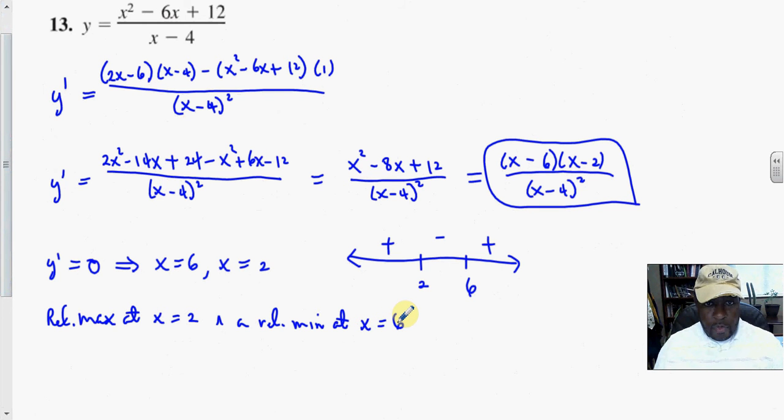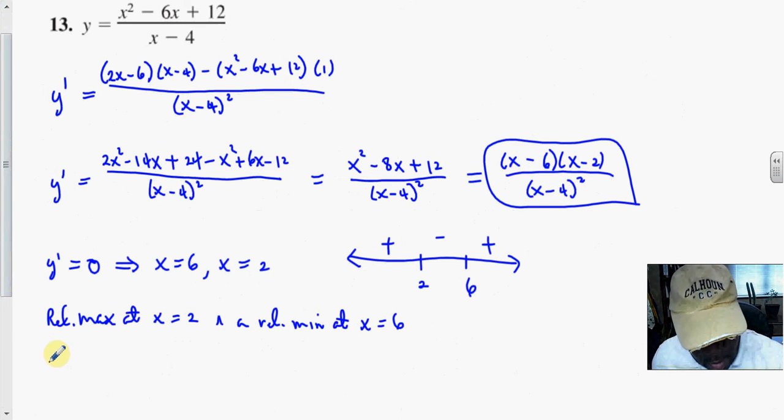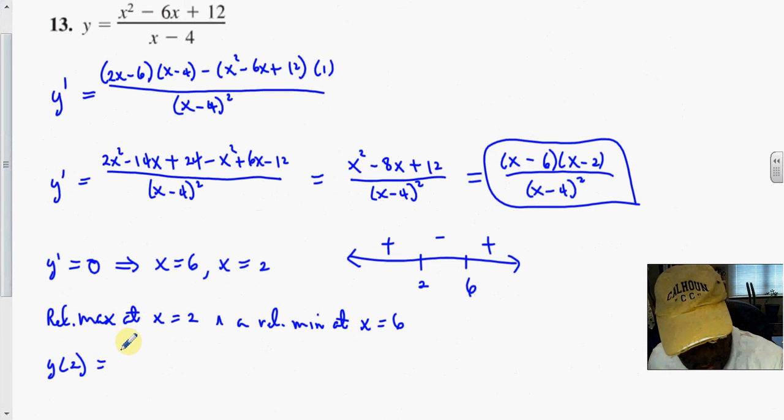Well, it'll be helpful to locate those values for the graph. So y of 2 is 4 minus 12 plus 12, and that's all over 2 minus 4, which is negative 2. So that gives us negative 2.